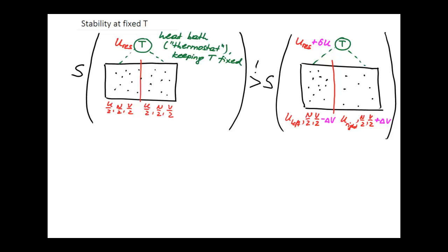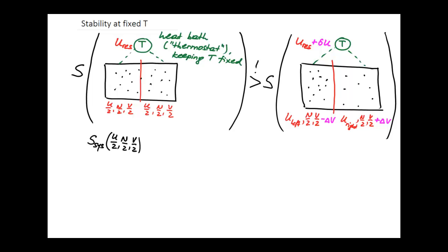Now, mathematically, we proceed with a similar logic. We say in the left scenario, the total system of interest plus reservoir is the entropy of the left half of the system, which is this function S system at half the total energy, half the particle number, and half the volume.